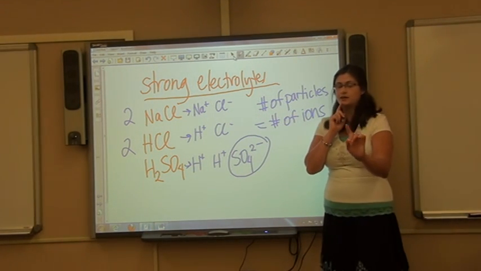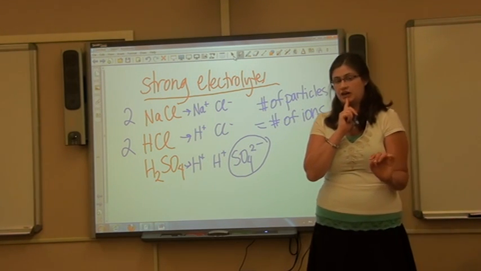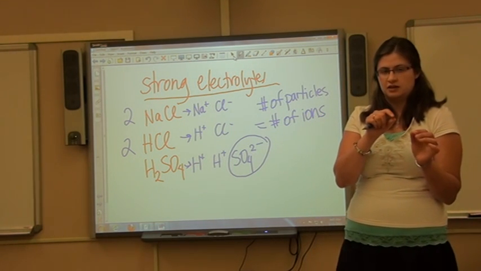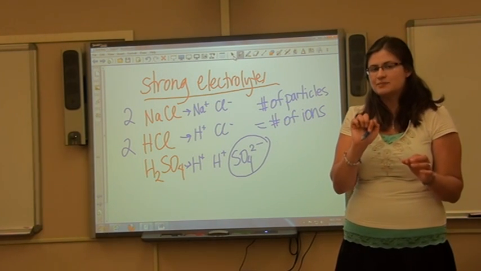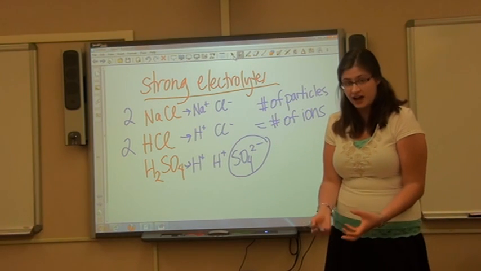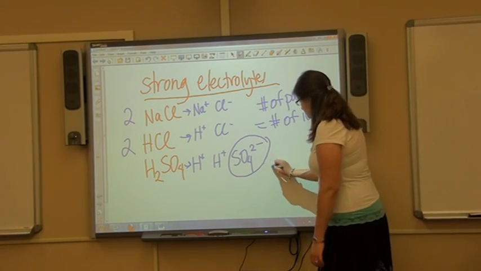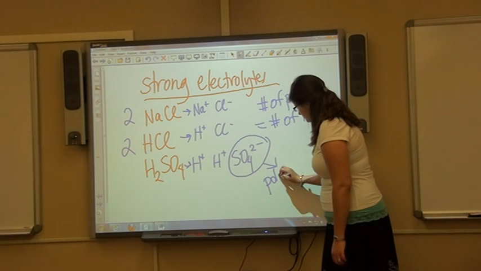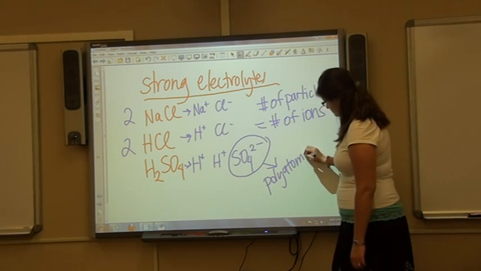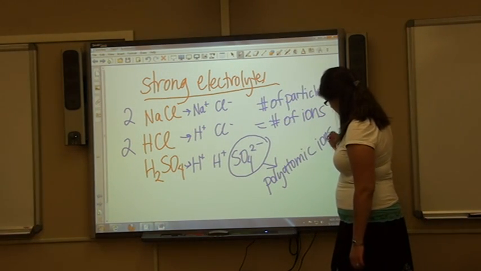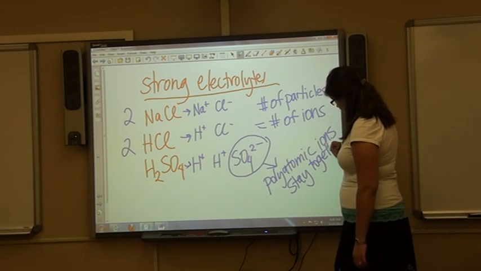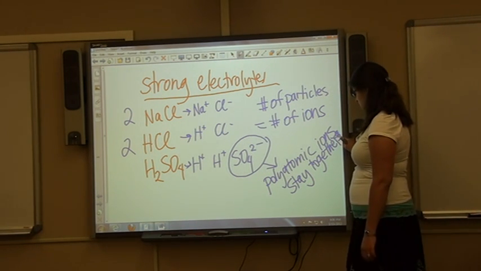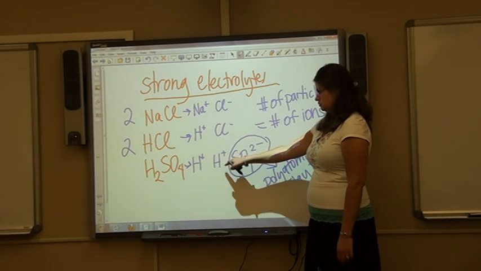Remember, we're not talking about how many atoms you have, or how many ions you have, or how many different little parts of each thing you have. We're talking about ions. So anything that's a polyatomic ion does not dissociate. So how many particles does H2SO4 have? 1, 2, 3.